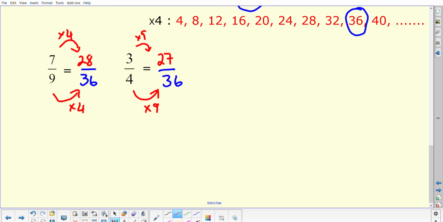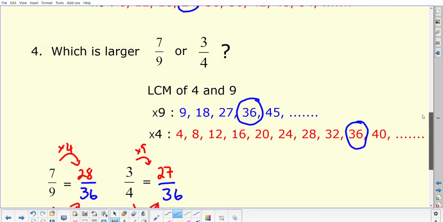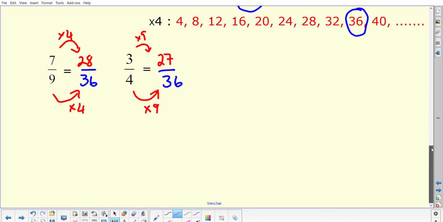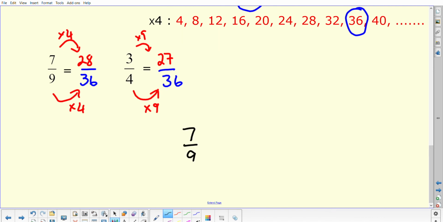So once you've got that, you were asked which one was the bigger fraction, which is larger, and you can see that 7/9 is bigger than 3/4. But you can only see that once you've compared them with the same denominator in the equivalent form.